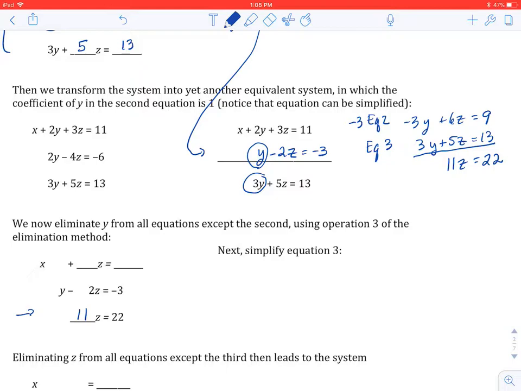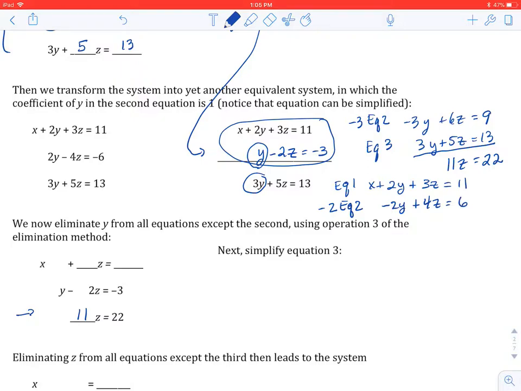Notice also we could do the same thing with equation 1 and equation 2. We could write down equation 1, which is x plus 2y plus 3z equals 11, and negative 2 times equation 2, so that we would have negative 2y plus 4z equals 6.